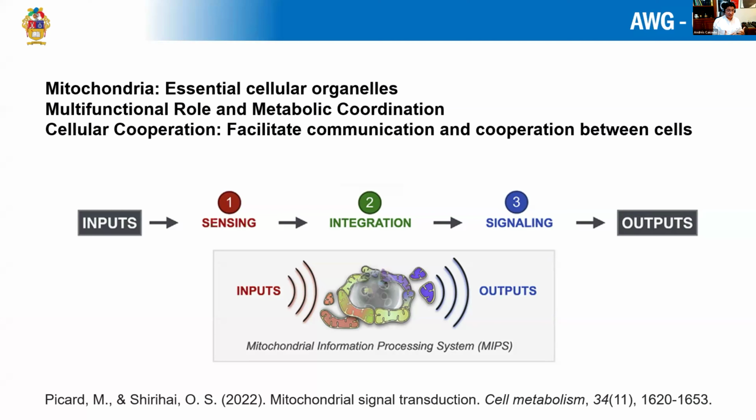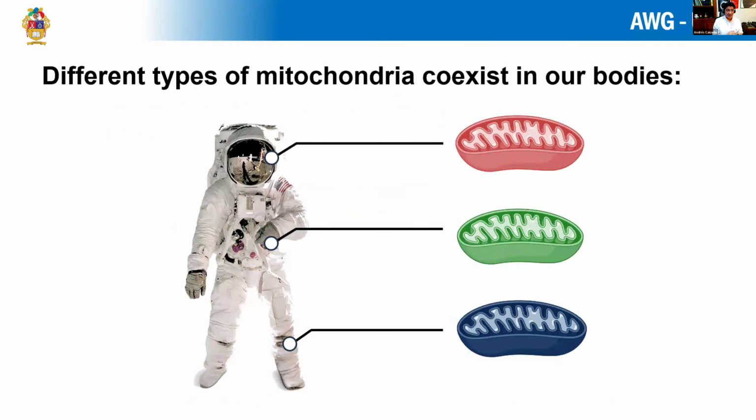The cell receives these inputs, modifies its mitochondria, and produces outputs that have an important role in maintaining our physiological health. We have different cells in our body with different types of mitochondria with a different metabolic programming.